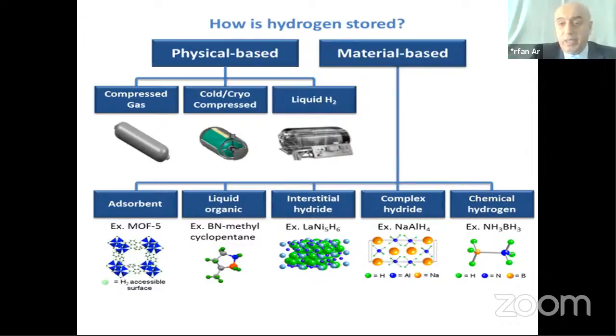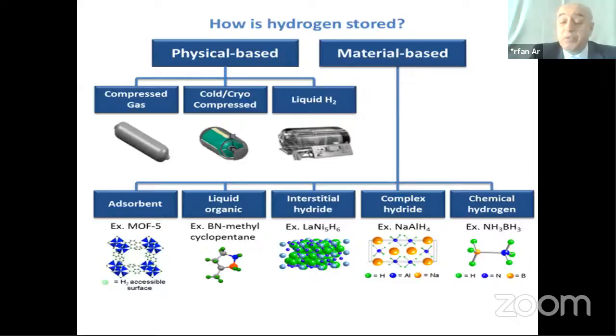On the other hand, we have the material-based chemical storage by using adsorbents, for example, the metal organic framework substances, liquid organic materials, for example, methylcyclopentane, and interstitial hydrides, lanthanum nickel hydride, magnesium borohydride, sodium borohydride, etc. These are the complex hydrides.